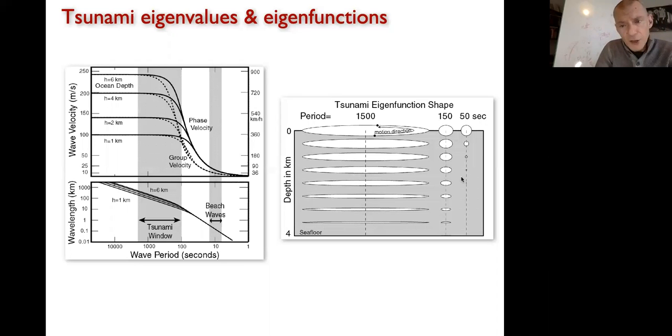And then if you go to very short periods here, you have a typical and beautiful vision of deep water waves, and you have a circle whose radius is decaying very rapidly with depth. And here you get the very big difference about gravity waves, shallow water, deep water, and the different excitations, because this one can be excited very efficiently from the bottom. This one can be excited very efficiently from the top.